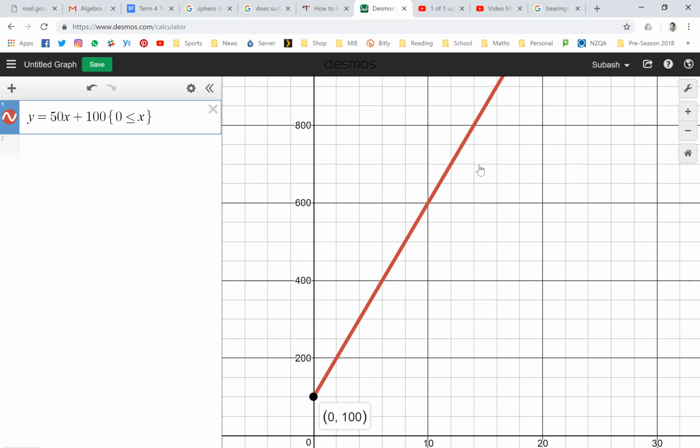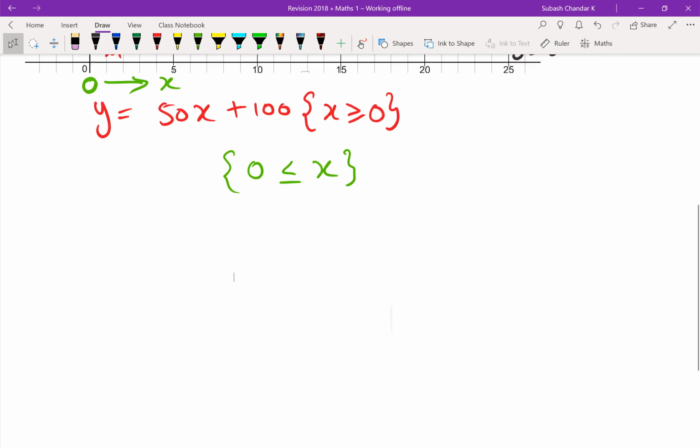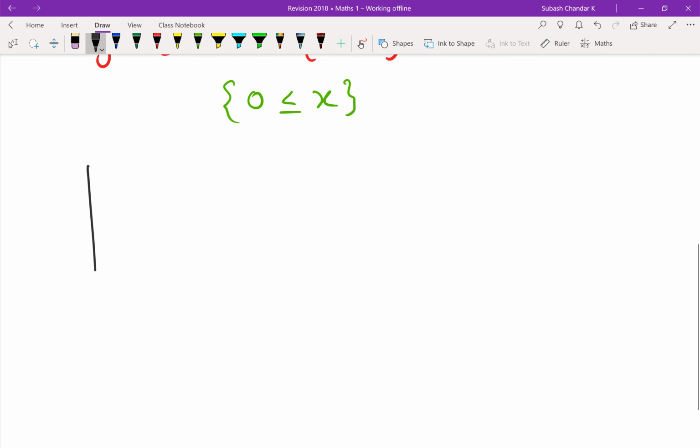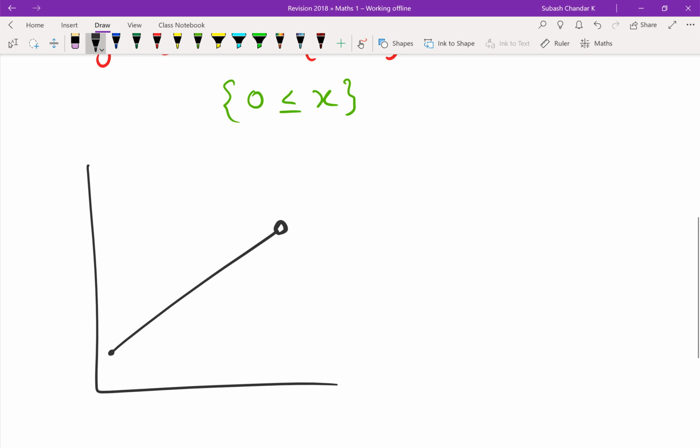Alright? But sometimes you guys will see straight lines with a filled dot and an empty dot. So what I'm talking about is, sometimes you get a graph that'll look like this. This is colored, but then this one has an empty color. Have you guys ever seen a graph like that? All right.